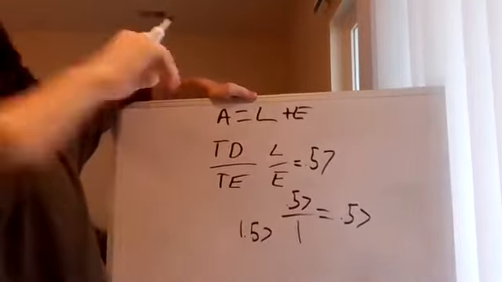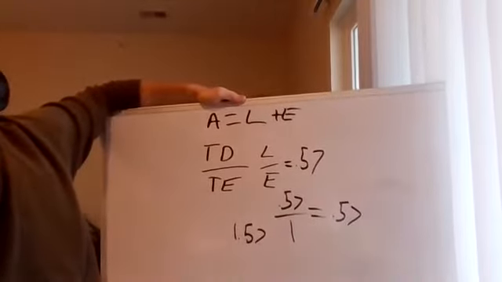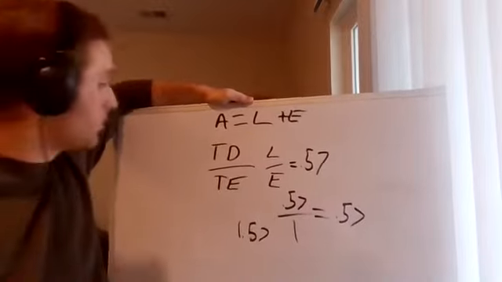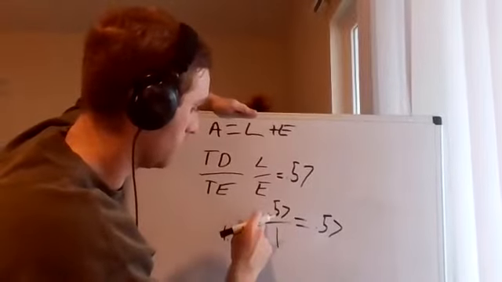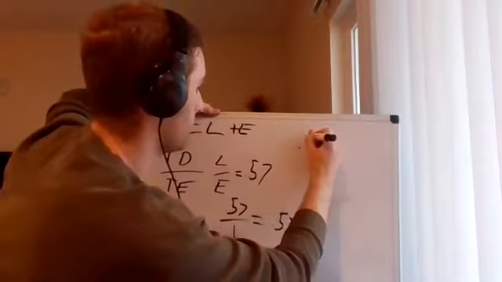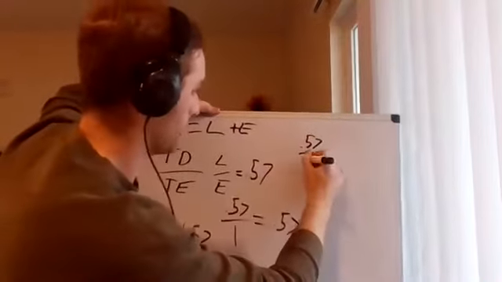So we look here, he's asking for the total debt ratio. The total debt ratio is total debts divided by total assets. So we know from here, our liabilities is 0.57, right? So we've got 0.57 over 1.57.